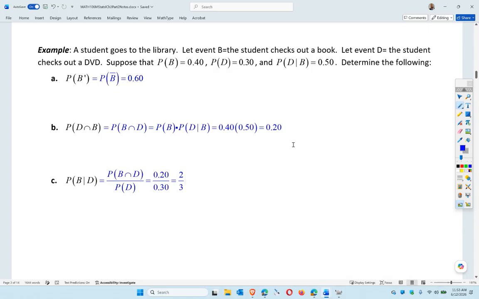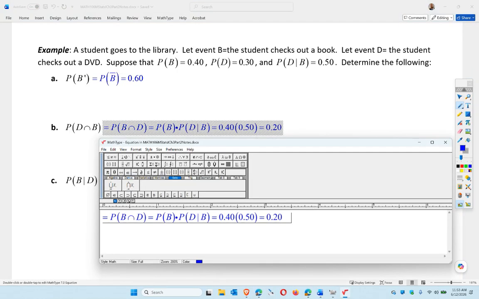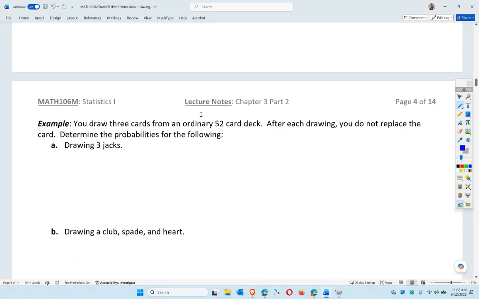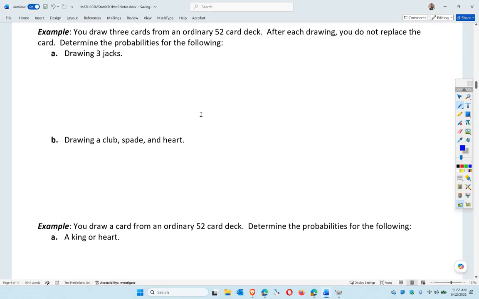All right, let's try some other scenarios where it's more than 2 events. Clearly in this case, these are dependent events, because obviously there's a change for the conditional. So let's say we're drawing 3 cards from an ordinary deck, and the key is we're not replacing the cards.